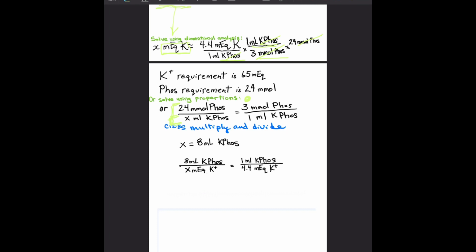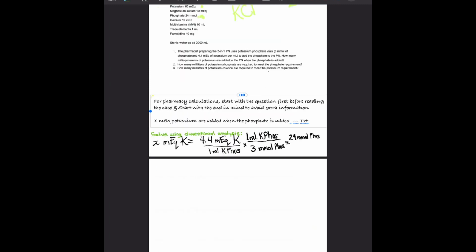And I set that up equivalent to the strength given to us in the question. 3 millimoles phosphate over 1 milliliter potassium phosphate. So now we have our proportion. We will cross multiply and divide. And we come up with an answer of 8 milliliters of potassium phosphate. This is the answer to number 2.